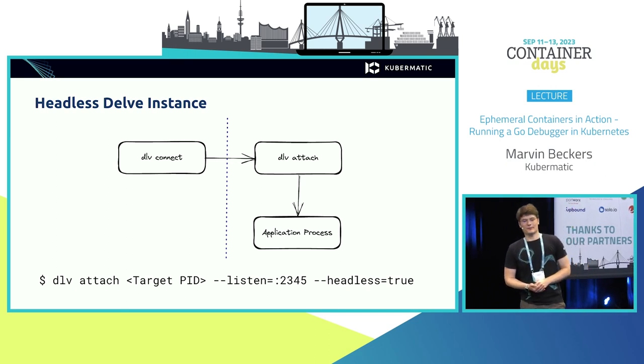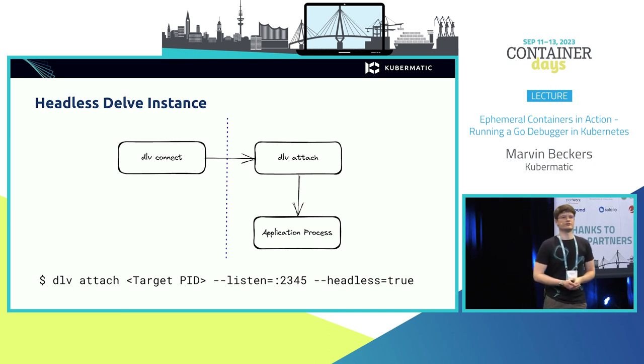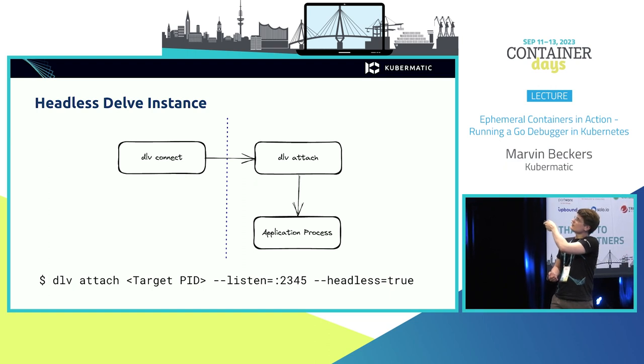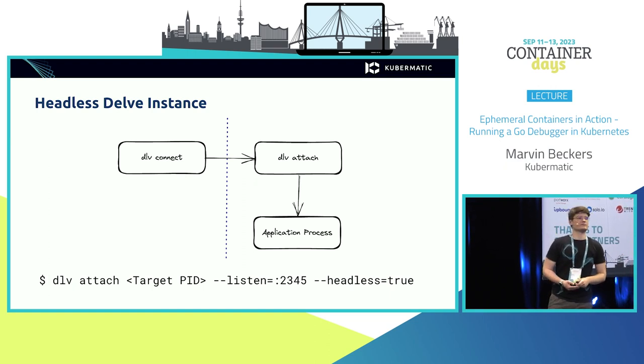And then, and this is kind of where the magic of remote debugging happens, DAP is a network-capable protocol. That means I can go across network boundaries to connect to the debugger that is actually running against my Go application. And that means I'm no longer bound to the same machine.